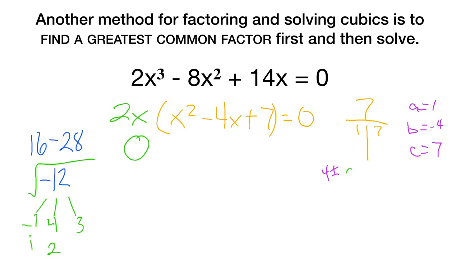So this becomes 2i square roots of 3 all over 2. Since these are all multiples of 2, it becomes 2 plus or minus i square roots of 3 all over, well, all over nothing because we just eliminated that 2. So those are our 3 answers.